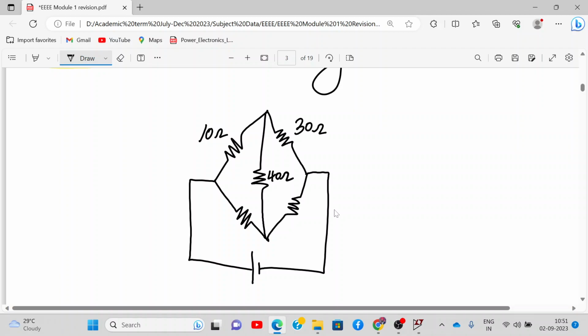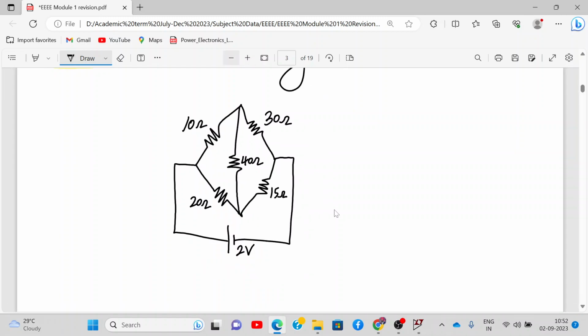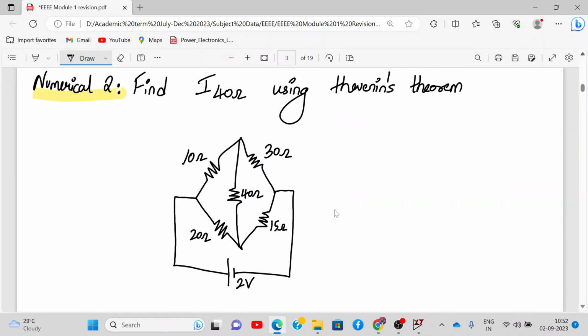This is 40 ohm, 20 ohm, 15 ohm, and this is 2 volt. Okay, and we have to find the current flowing through 40 ohm resistance. So this is my RL. Whichever resistance we want to find the current, that we name it as RL, and these points I call it as A and B.